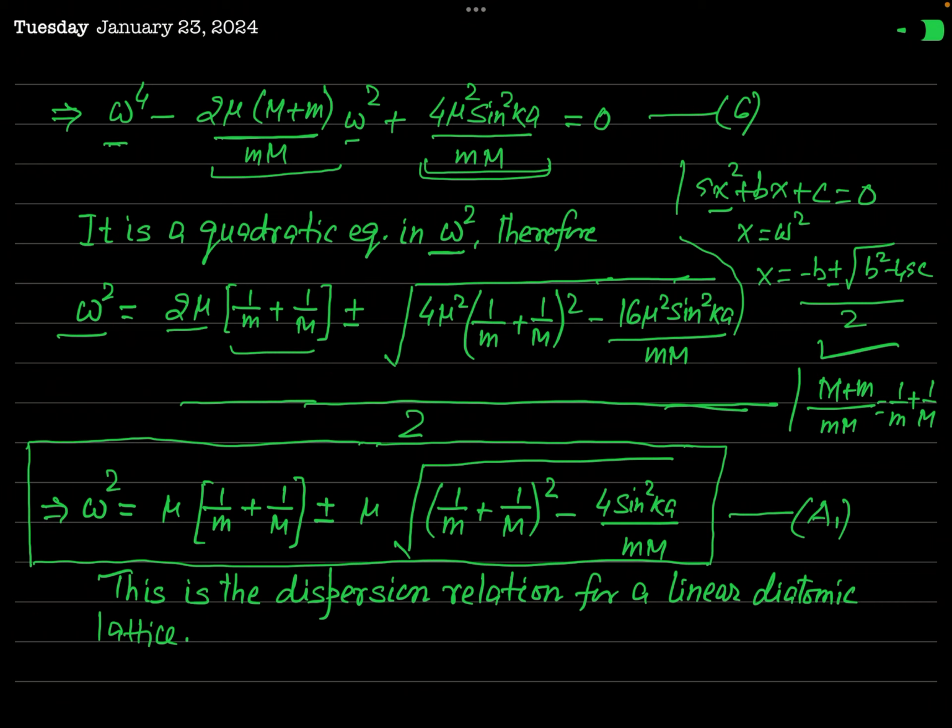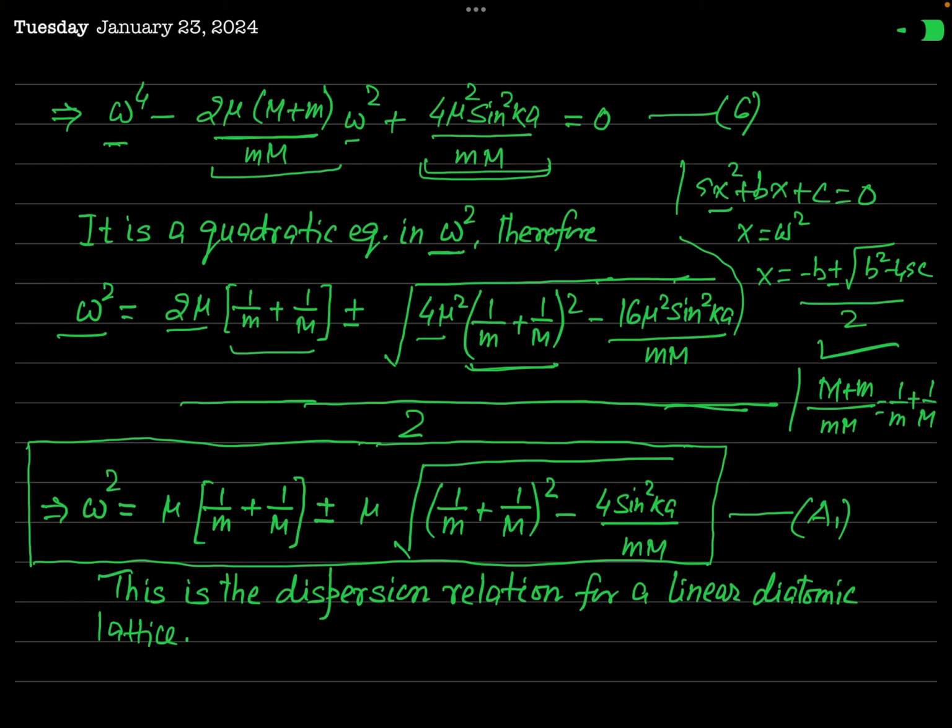Now see, b square. B square means 4 mu square (M plus m) by M times m whole square. But you have seen that M plus m by M into m, this is 1 over m plus 1 over capital M. So b square will be equal to 4 mu square times (1 by m plus 1 by capital M) whole square, and minus 4ac.